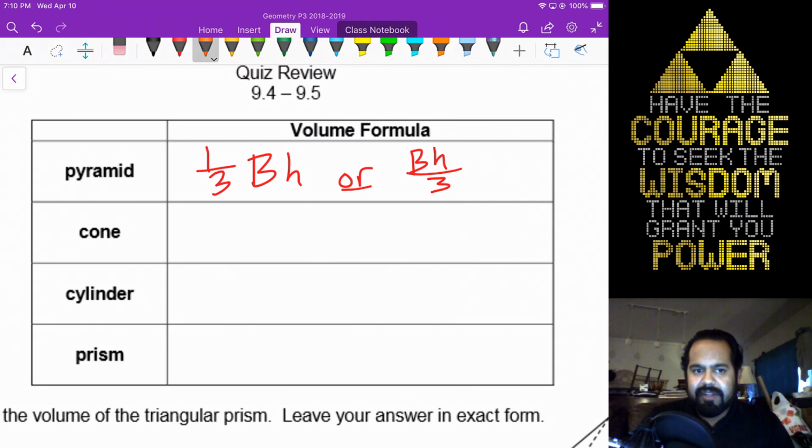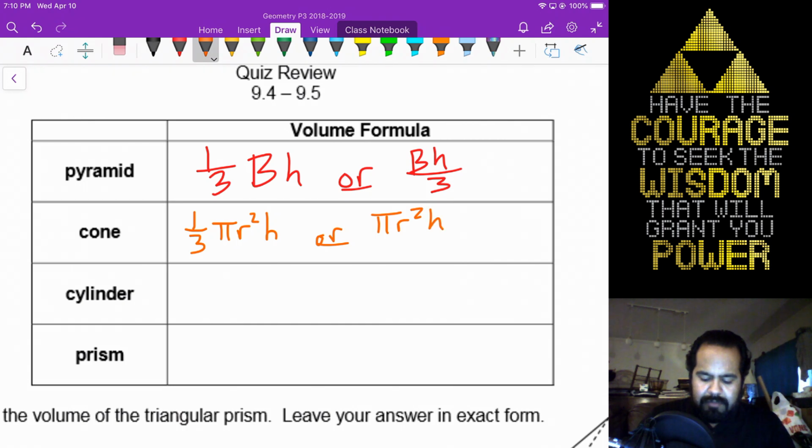Since the base is a circle, we replace the capital B with the pi r squared. So here's how we look. 1/3 pi r squared times the height, or we can say pi r squared h all over 3.